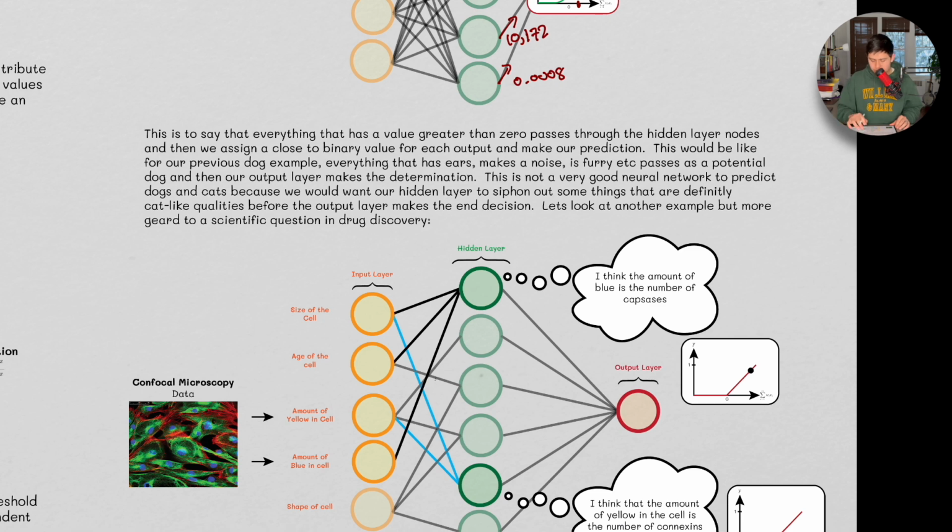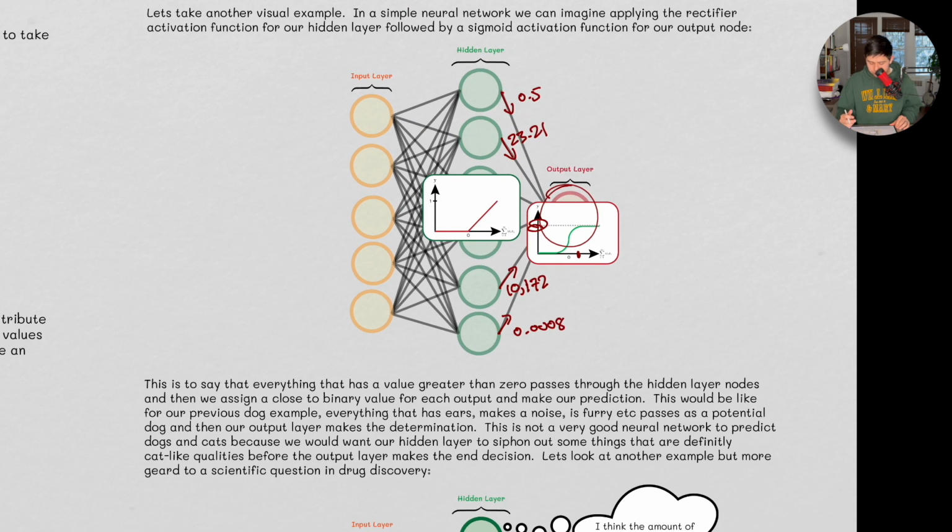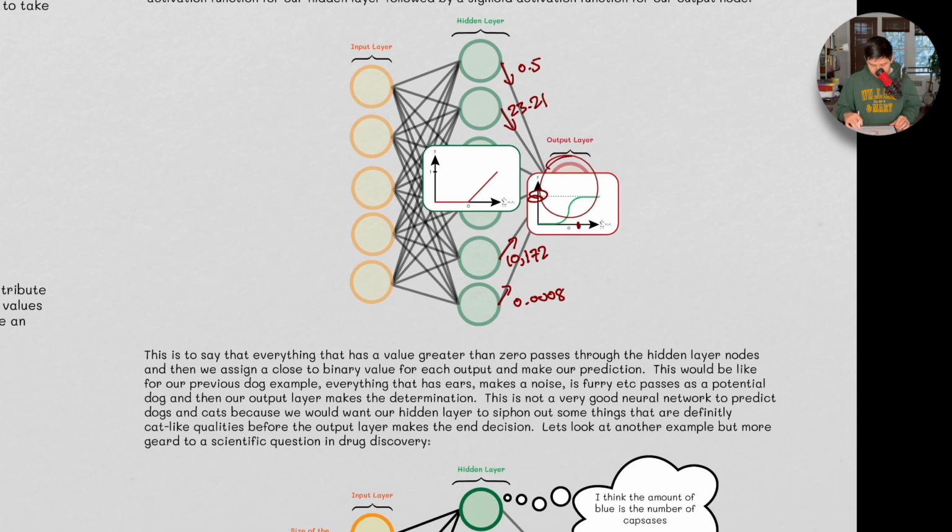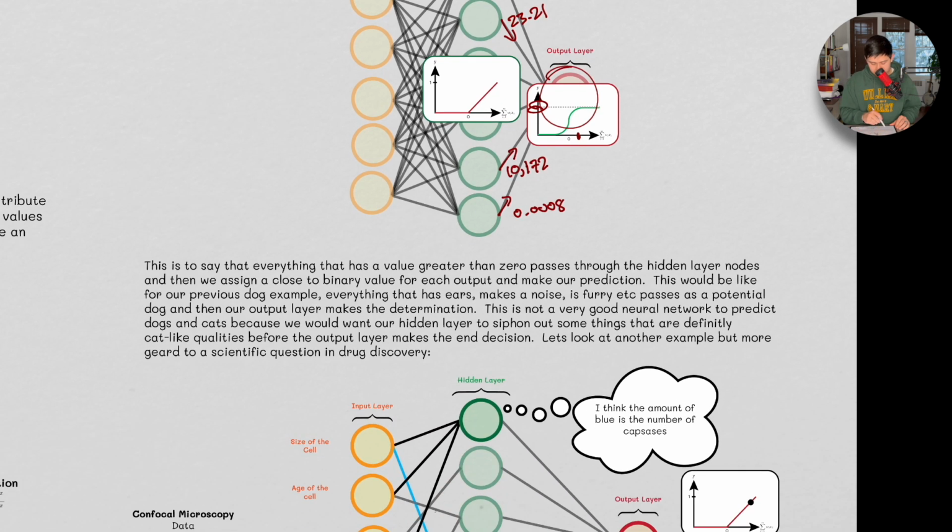So this could be something like, in our previous dog example, everything has ears, everything makes a noise, everything is furry, etc. And all of this information is going to pass as a potential dog, and then our output layer is going to make the determination of whether or not it's a dog or a cat or some lizard or something like that.